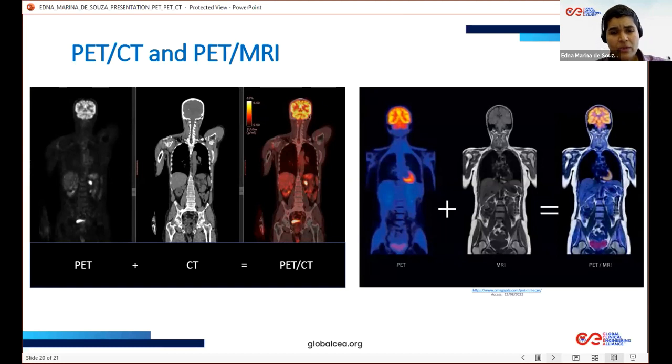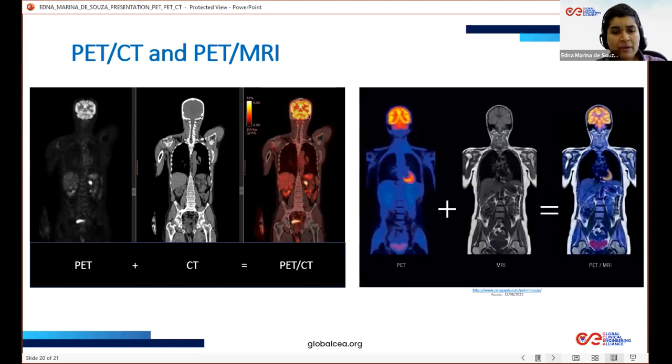Furthermore, we have the CT data used to create an attenuation correction map, which may correct some effects of the patient's body attenuation on gamma rays that leave the body towards the PET scanner.